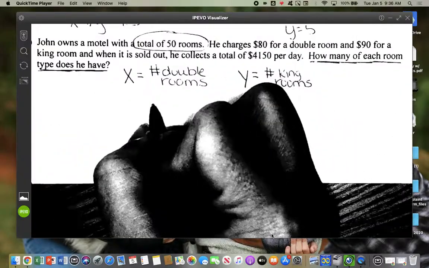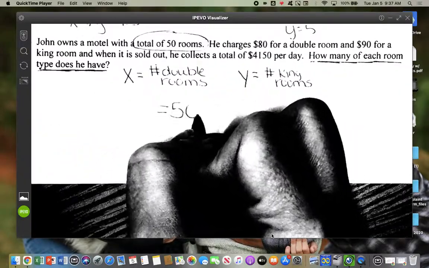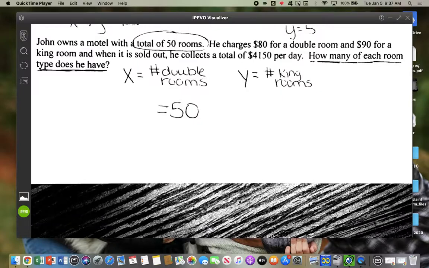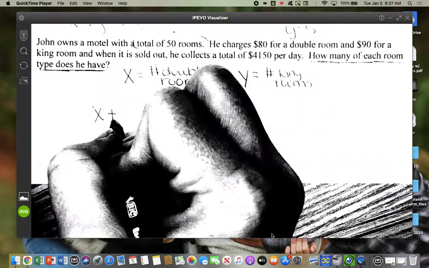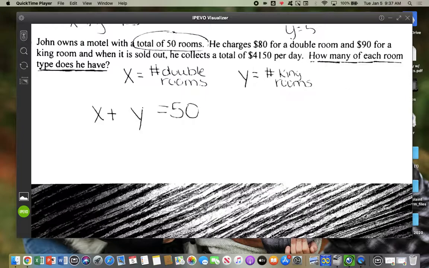We know something is going to be a total of 50. Now, that has nothing to do with price. So we just know that in total, the number of double rooms and the number of king rooms put together should equal 50. So on this one, you just write x plus y equals 50 with no prices attached.